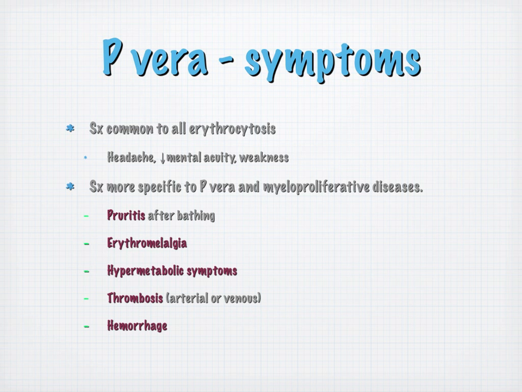So polycythemia vera symptoms: the symptoms common to all erythrocytosis are a headache, a decrease in mental acuity, weakness, and the signs and symptoms more specific to polycythemia vera and myeloproliferative disease in general, interestingly, would be pruritus after bathing, erythromelalgia, which we're going to define here in just a second, and hypermetabolic symptoms, thrombosis, and hemorrhage.